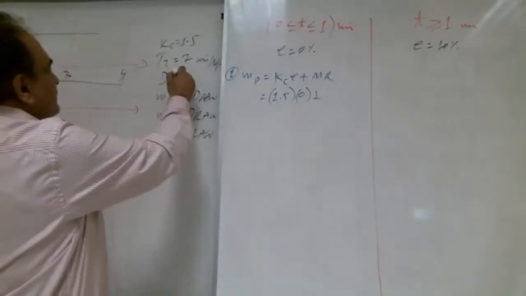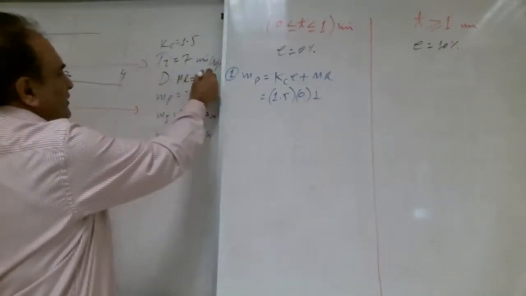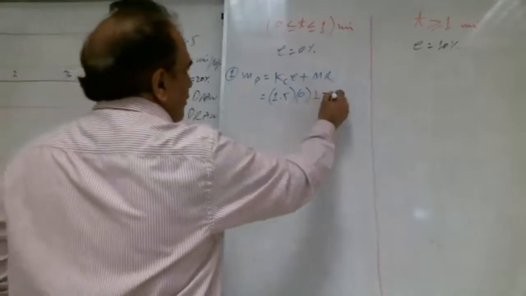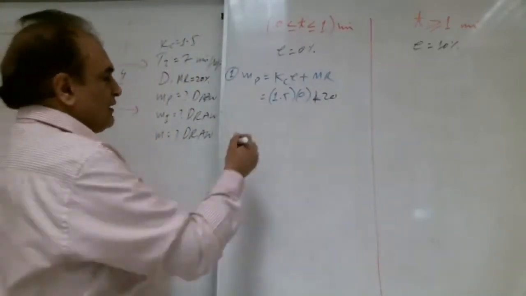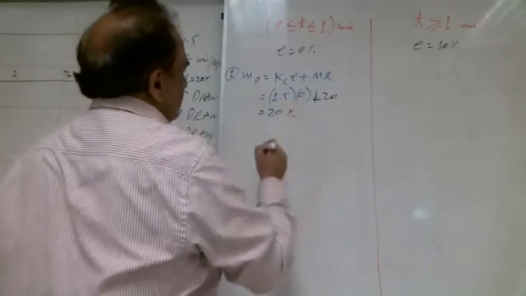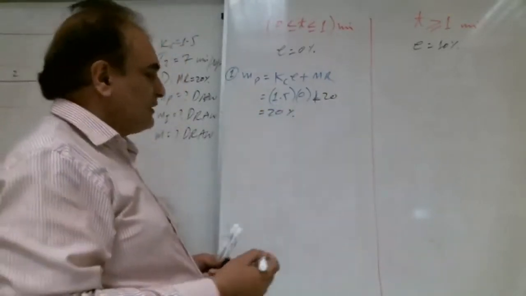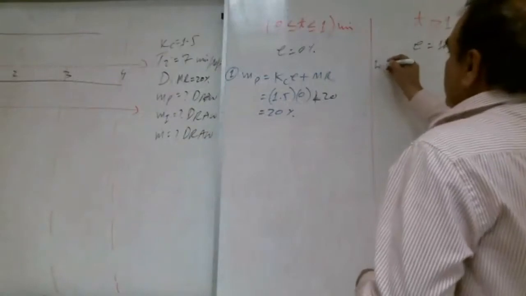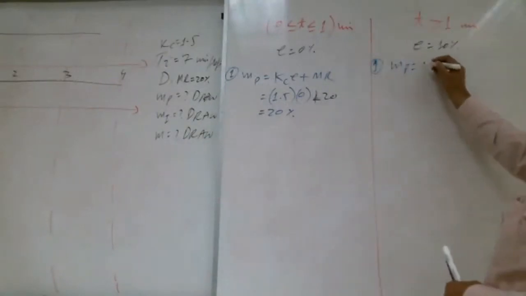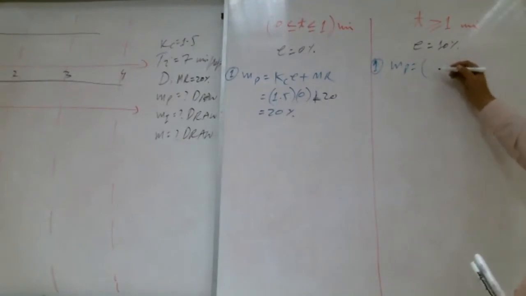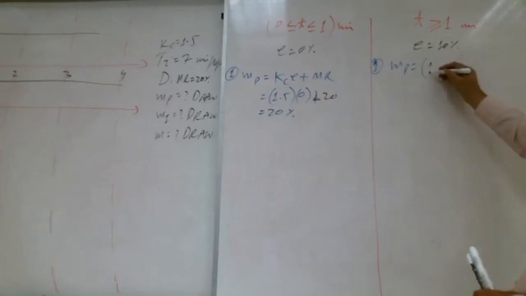MR is 20%. How much, Shabab? 20%. That's good. Okay, Shabab. Same here. KC how much? 1.5.